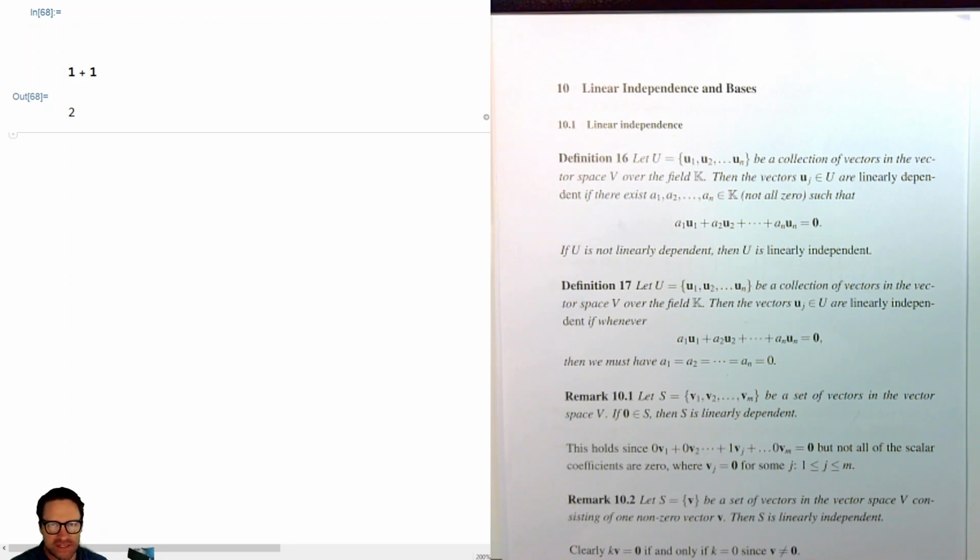So starting with linear independence, we first need to consider linear dependence.